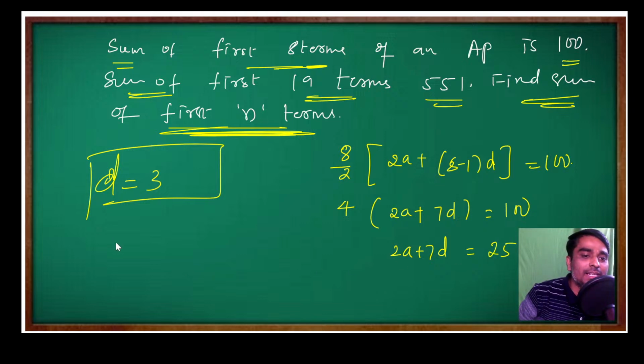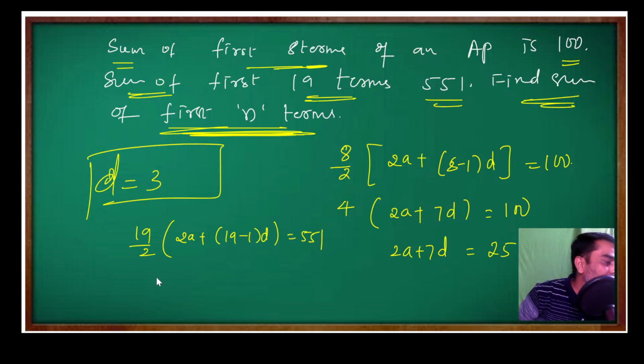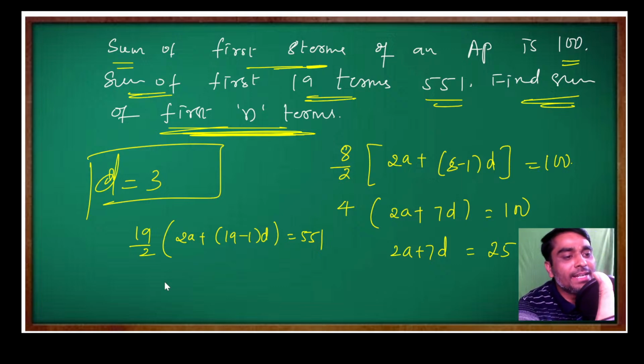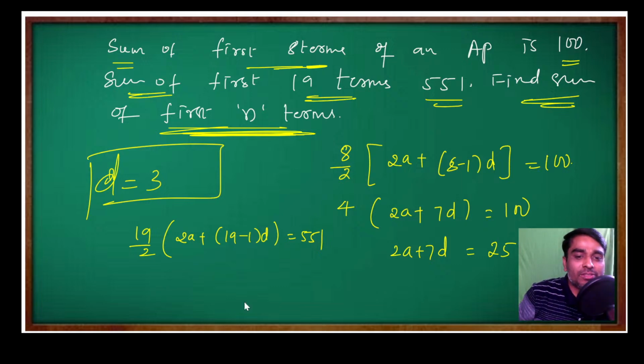Next, 19 terms, so 19 by 2, 2a plus 19 minus 1 into d equal to 551. If you simplify, a plus 9d equal to 29 comes.